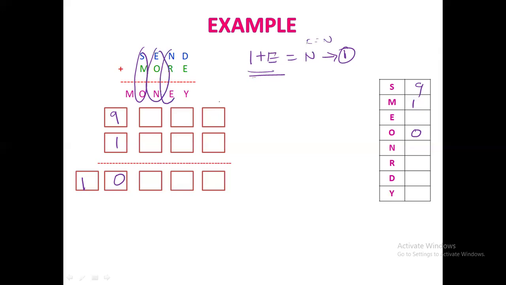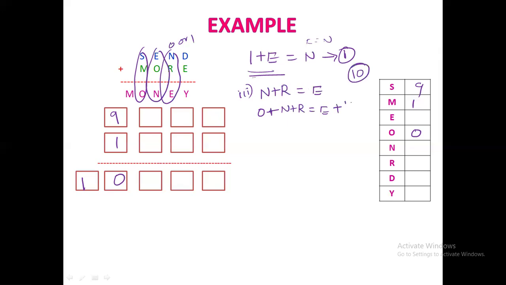Now we have to add the next step, the third step: N plus R is equal to E. The carry may be either 0 or 1. So if I am substituting the carry as 0, N plus R is equal to E, and I will be adding, because the carry surely will be there.